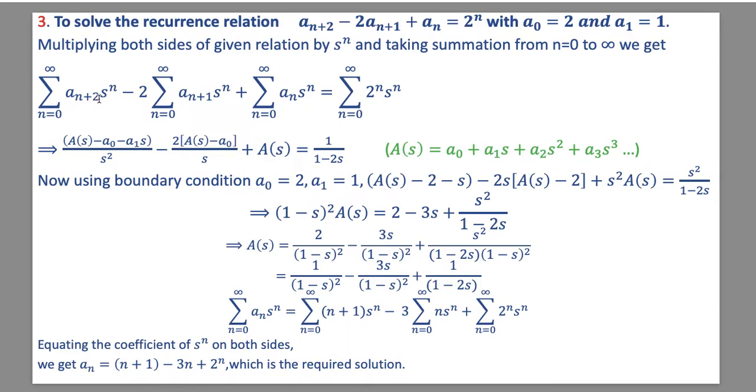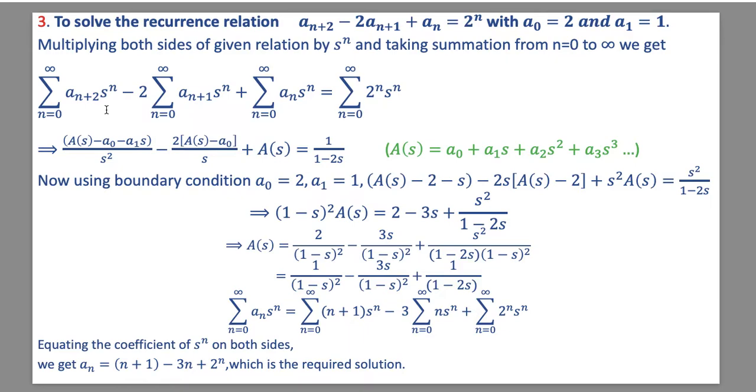So if we put n equal to 0 here, for n equal to 0 it will be a2, s raised to 0 is 1, so it is a2 plus, for n equal to 1 a3 s, then a4 s square and so on.